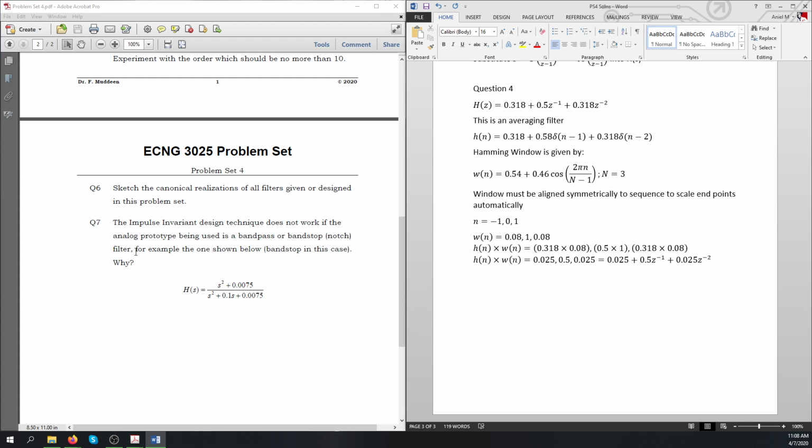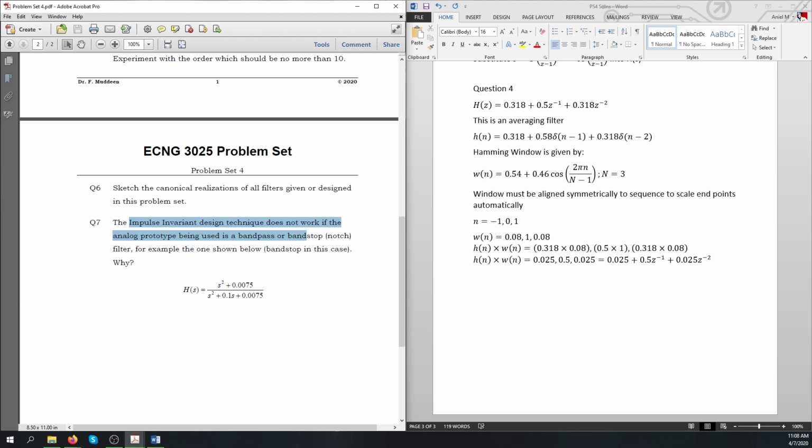Question 7 is a very simple reason, and I have it in the problem set as well, but I'm telling you why. They're asking why the impulse invariant design technique does not work when the analog prototype being used is a band stop or a band pass.